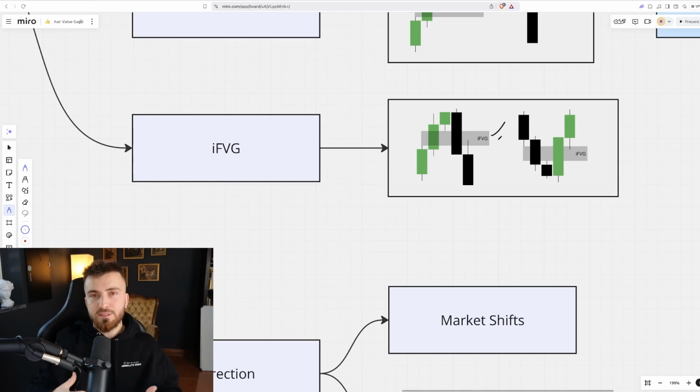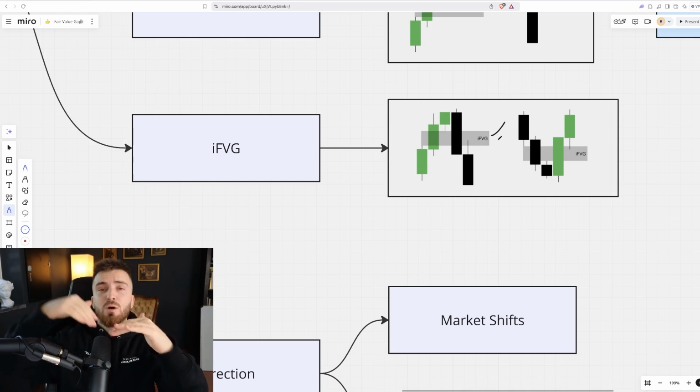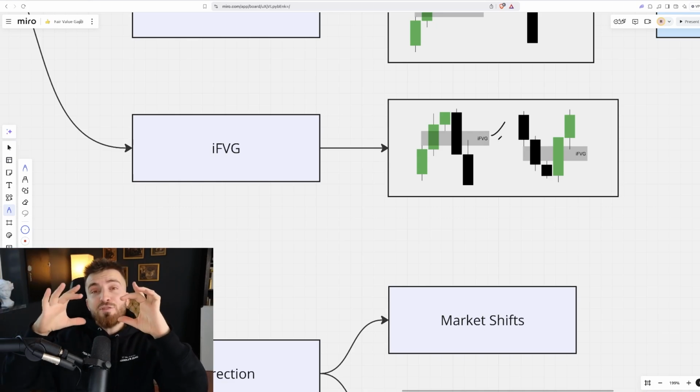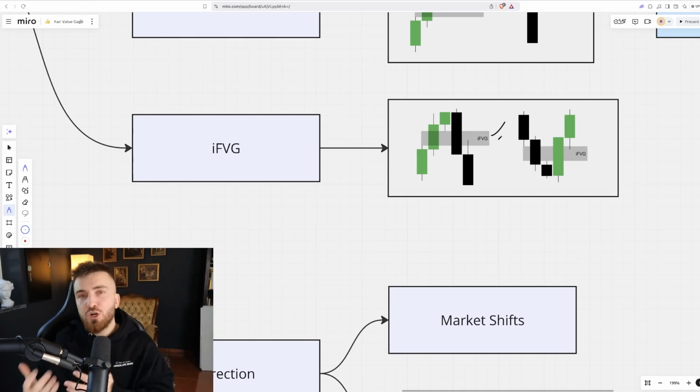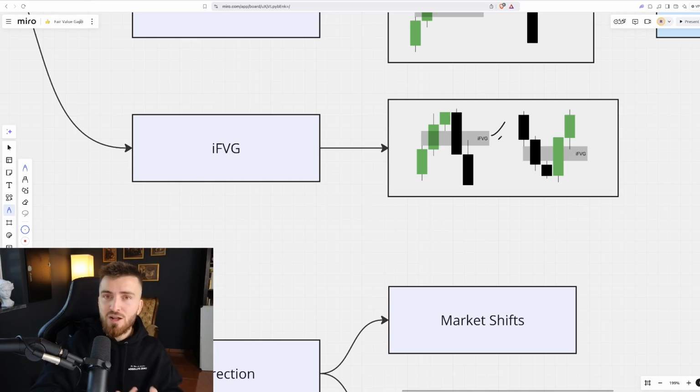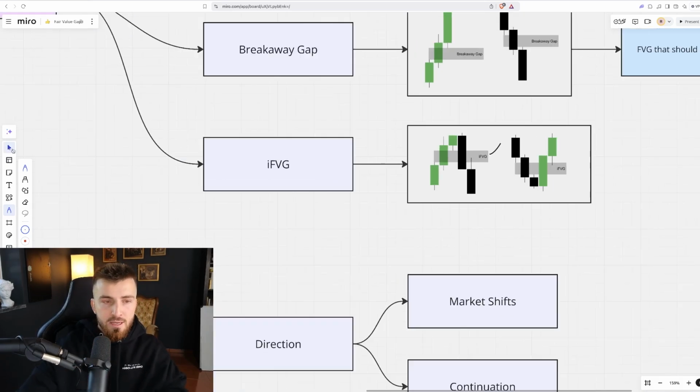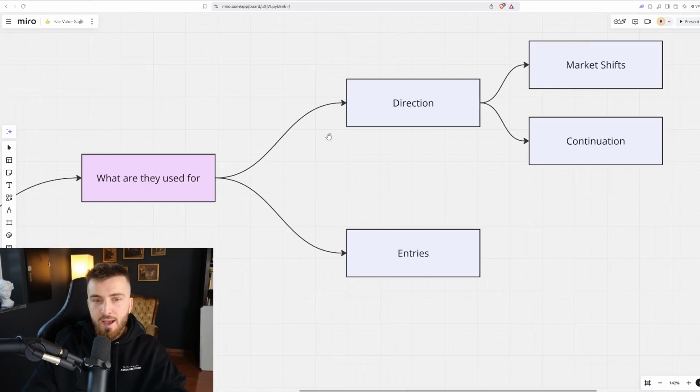A bullish fair value gap is meant to be support for the market to move to the upside. Now, if the market closes below it, that means that fair value gap failed to do its job. Therefore, now it's a bearish inverted fair value gap because it's a bullish fair value gap that was completely disrespected. Now, we've already talked about what they are used for.